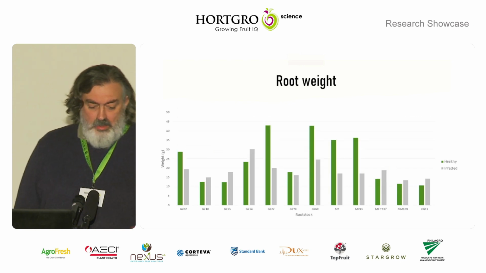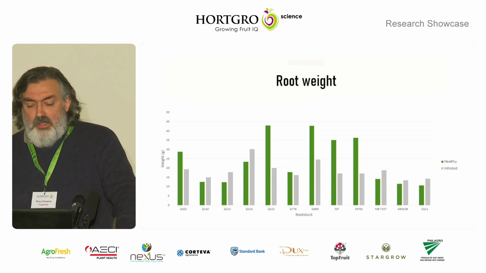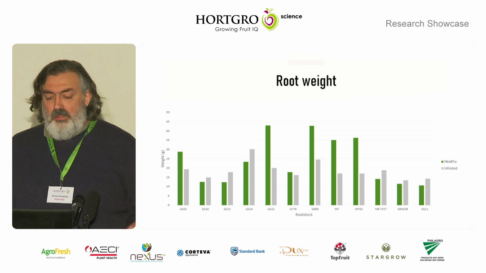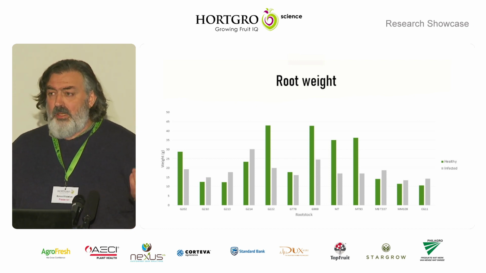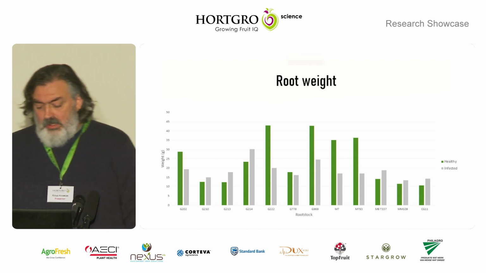So, seeing that none of the rootstocks proved to be resistant, we did some investigations into the tolerance of these rootstocks, and we did that by comparing the root weights of infected plants versus uninfected plants.